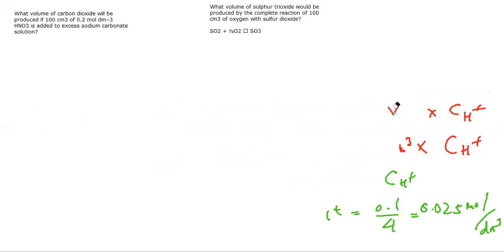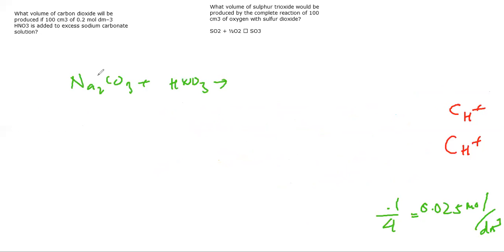All right, so next, let me erase this one so you can have a better view of the screen. Next I have question number one: what volume of carbon dioxide will be produced if 100 cm³ of 0.2 M HNO3 is added to excess sodium carbonate? So sodium carbonate is Na2CO3, and then you have HNO3. Remember, you have H+, and then this one goes there.